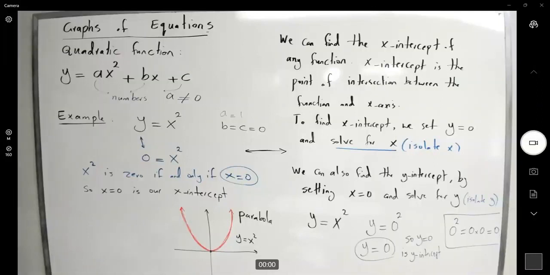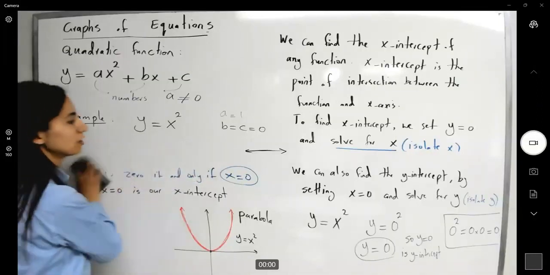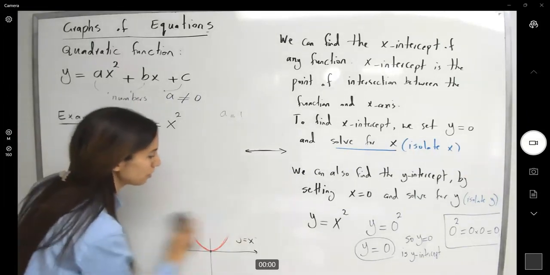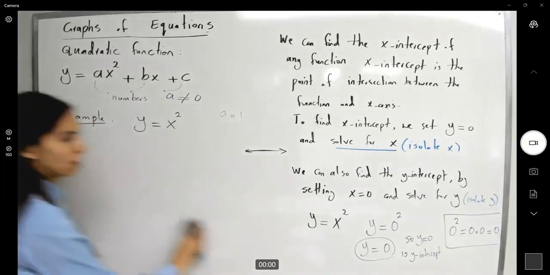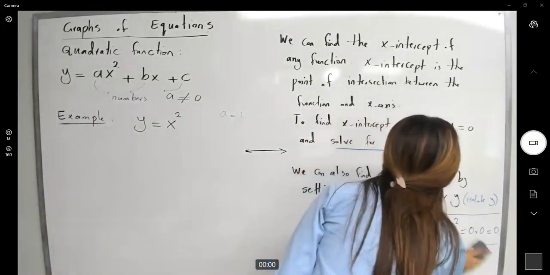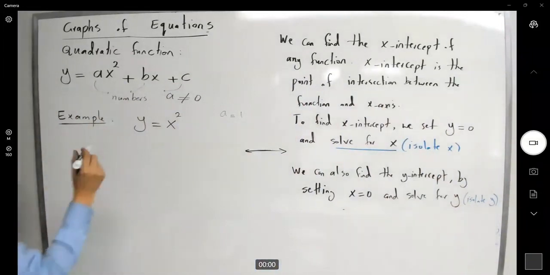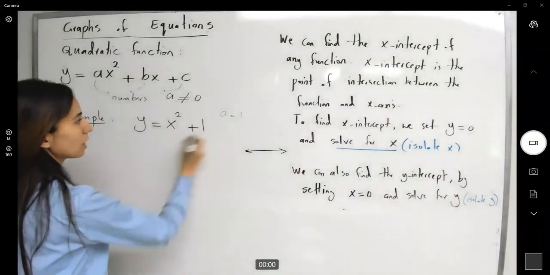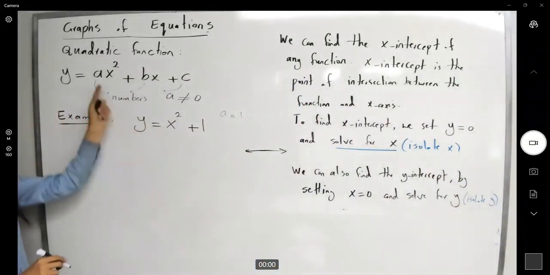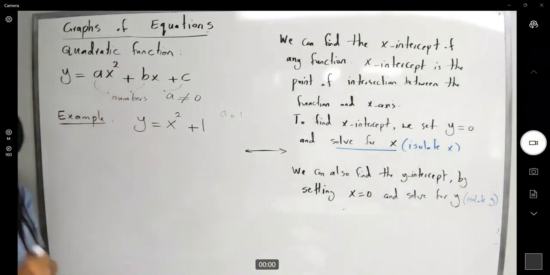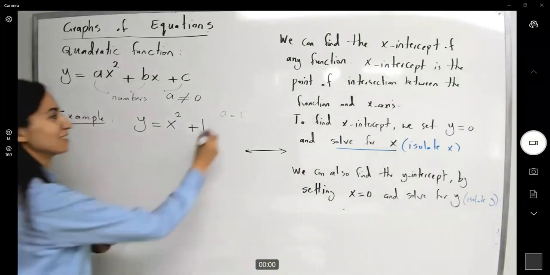Very well. So now I'm changing my function into x squared plus 1. As you can see, your a, the leading coefficient, is 1, your b is equal to 0, but c is equal to 1.